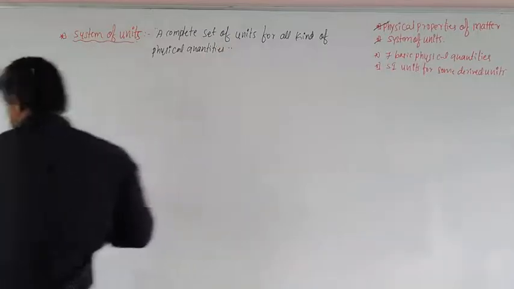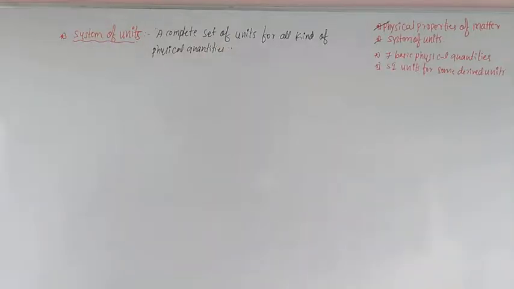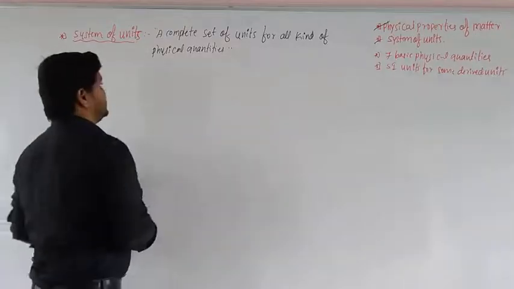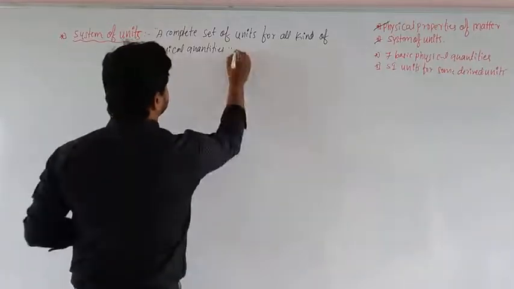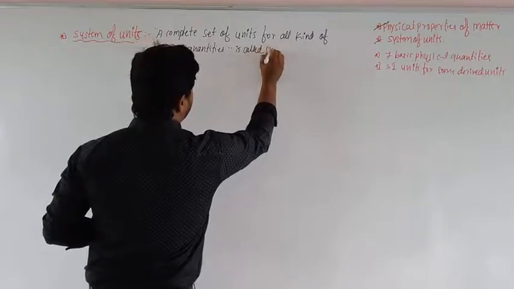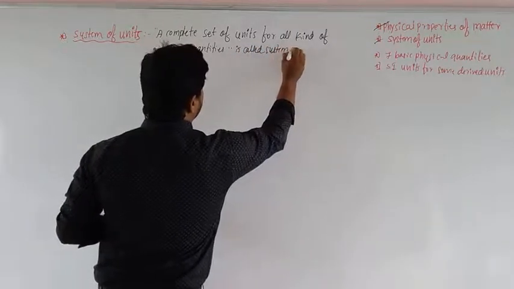It is known as system of units. Students, here it is a complete set of units for all kinds of physical quantities. Okay, it is called a system of units.